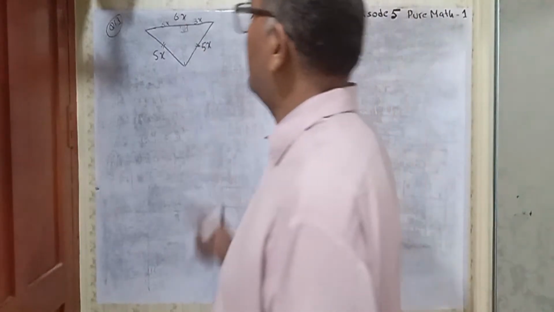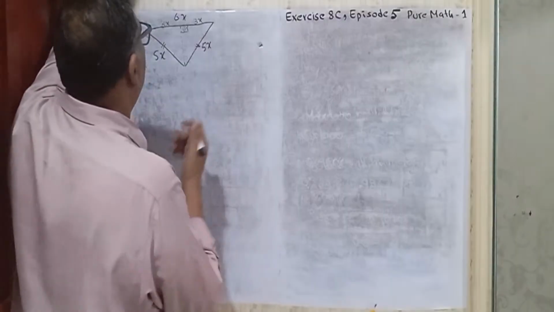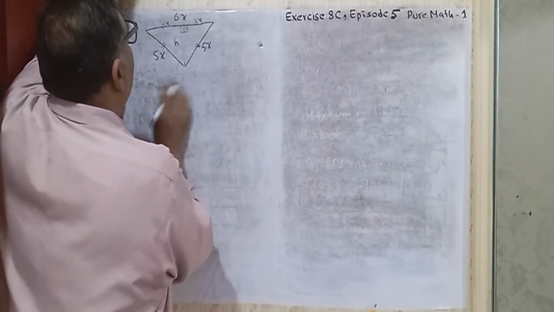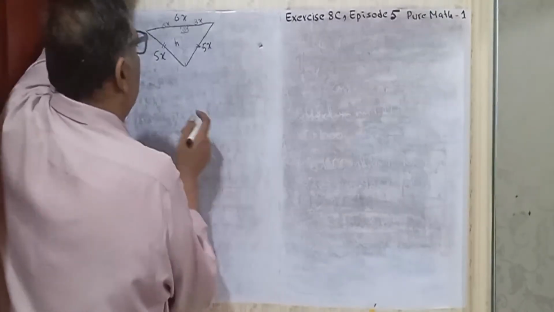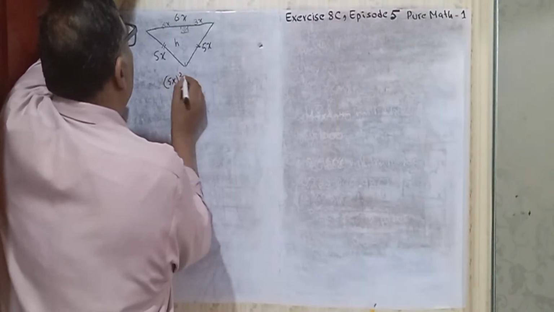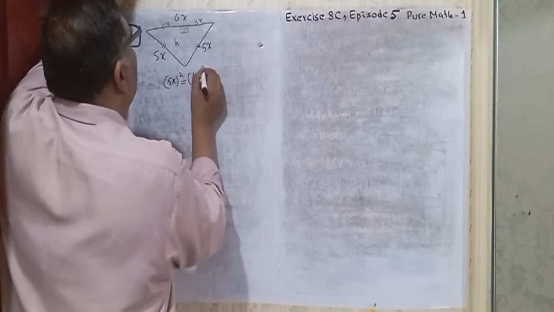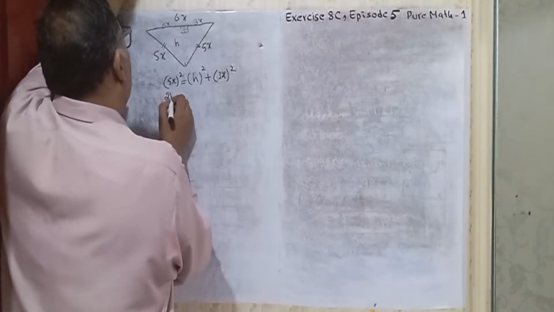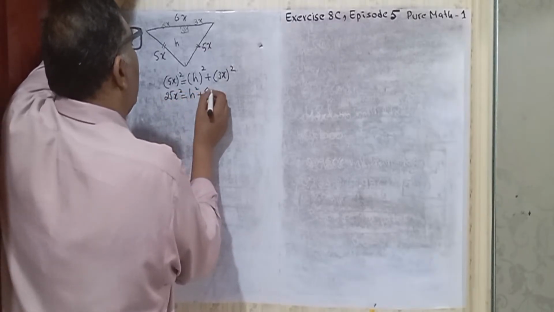Let me call it h. I can apply the Pythagoras theorem: hypotenuse squared equals perpendicular squared plus base squared. So this becomes 25x squared equals h squared plus 9x squared.